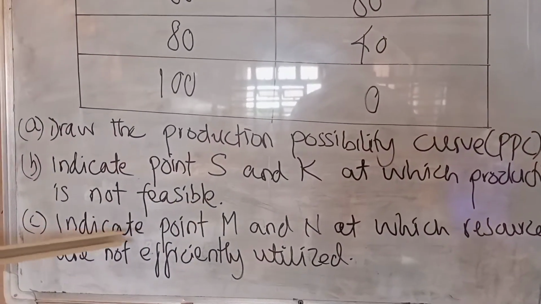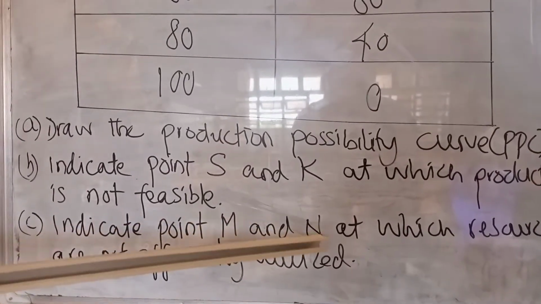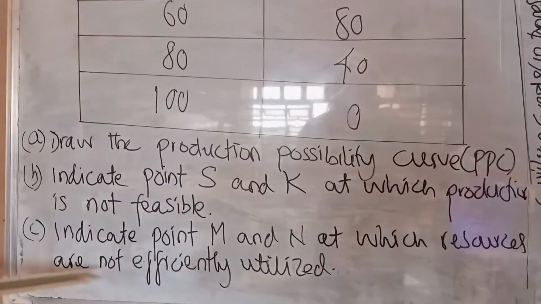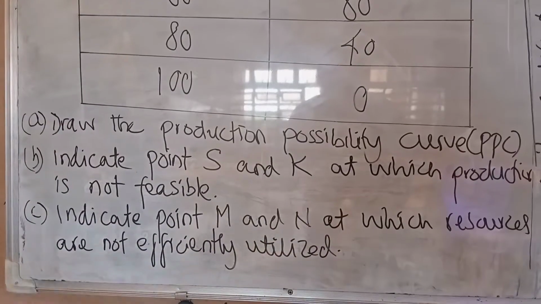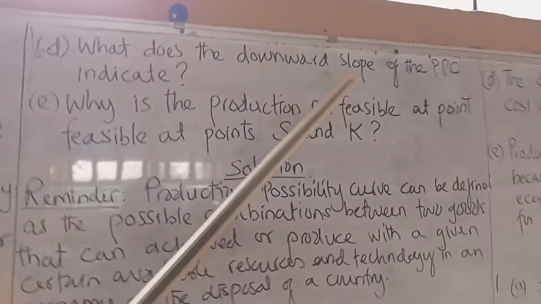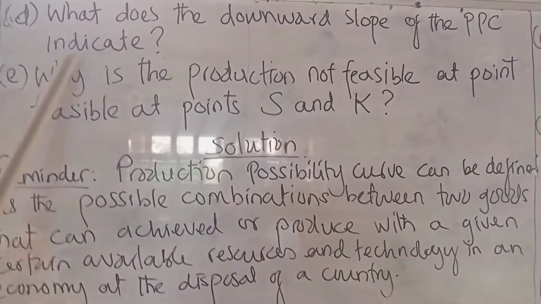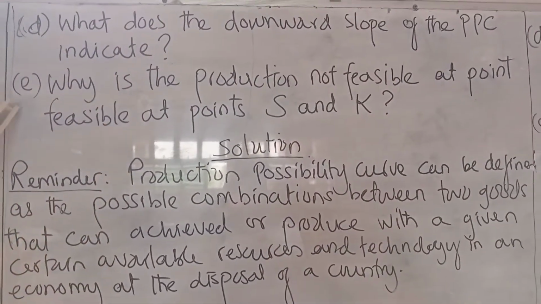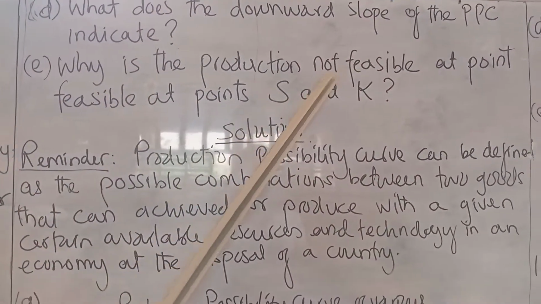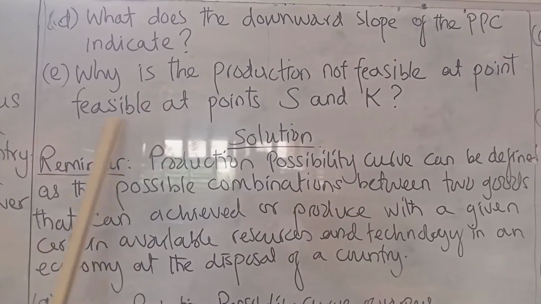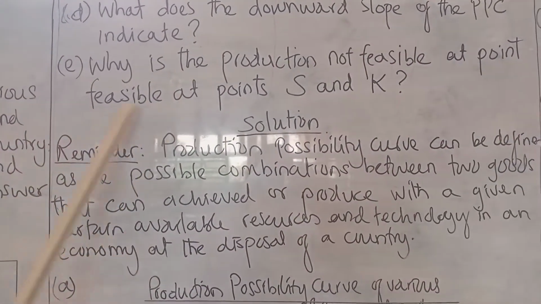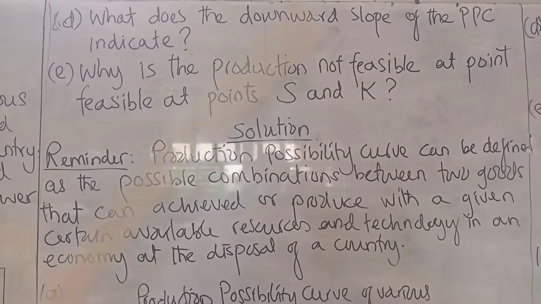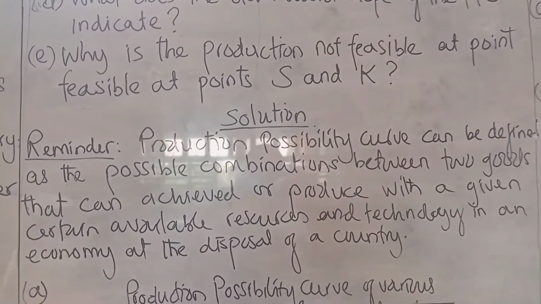C: Indicate points M and N at which resources are not efficiently utilized. D: What does the downward slope of the PPC indicate? E: Why is production not feasible at points S and K?